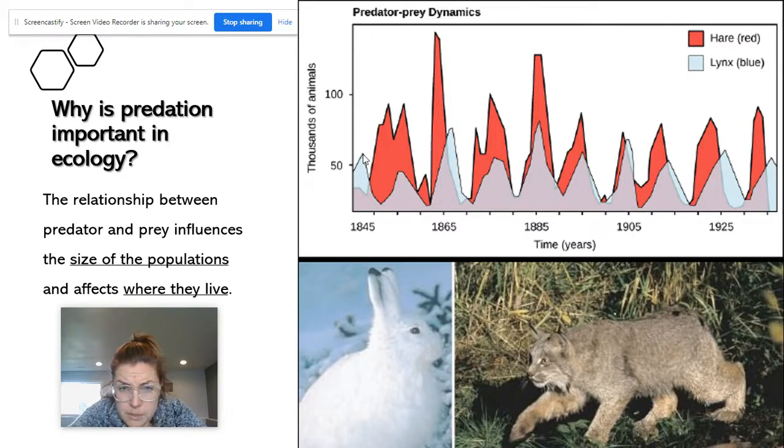The lynx population is, and this is in thousands, just over 50,000. The hare population is pretty low. Well, if there's not enough hares, rabbits, whatever you want to call them, the lynx will not have enough food to survive.